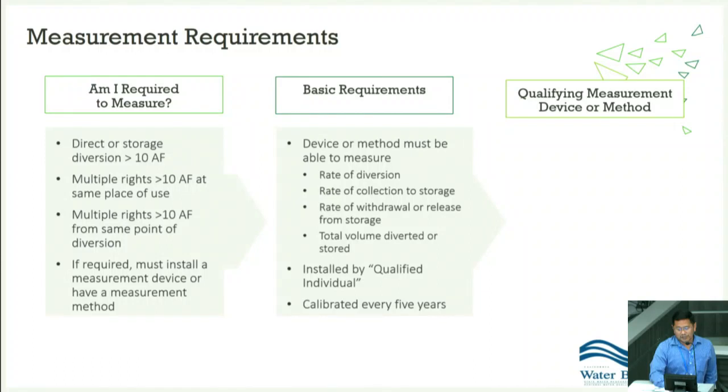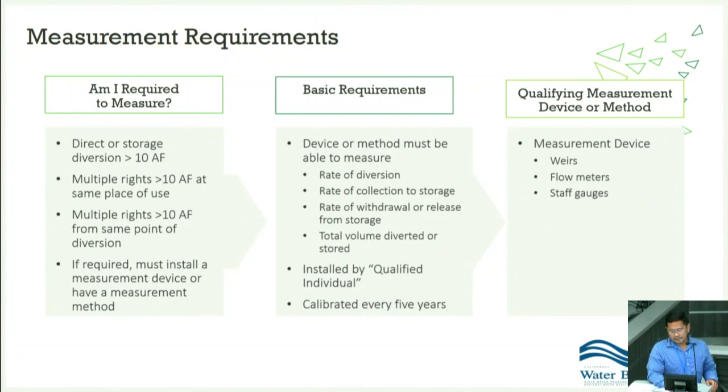What is a qualifying measurement device or method? Measurement devices are equipment, such as weirs, flow meters, staff gauges that measure the flow of your diversion.